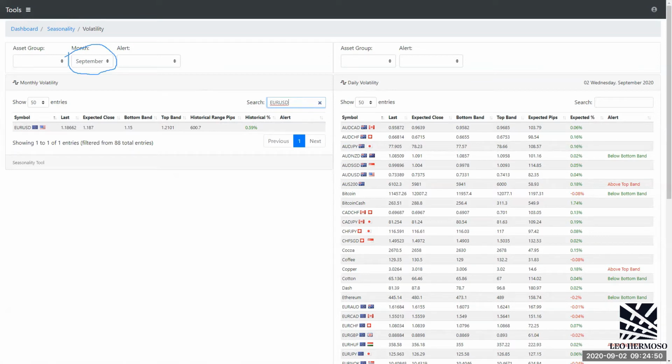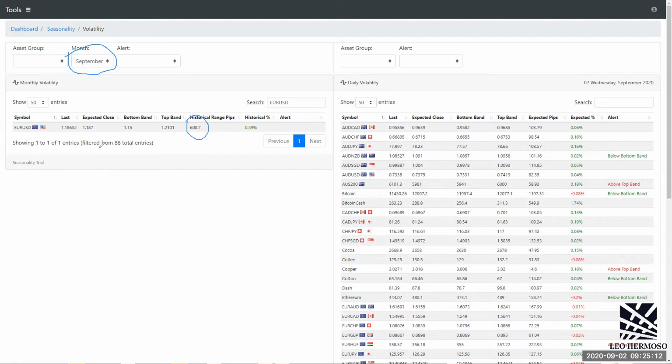So this is the result. It's an extremely volatile month, agree? From low to high, we have 600 pips. So it's a good trading opportunity. This gives us the volatility that we want to make our trades.